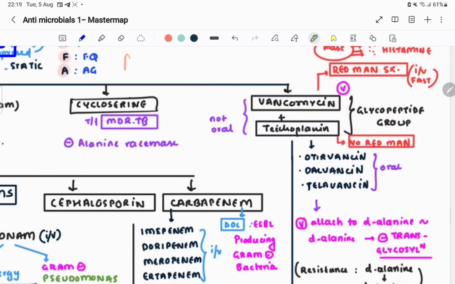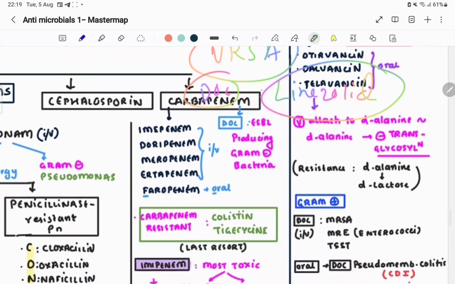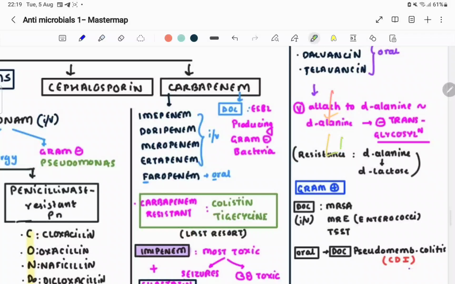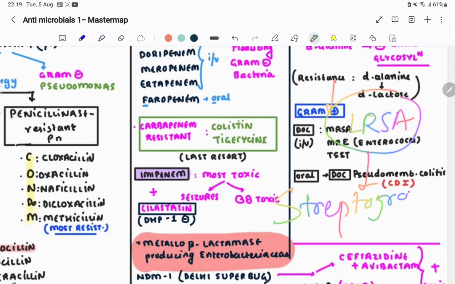So MRSA, remember, methicillin resistant Staph aureus, we give vancomycin. If it becomes vancomycin resistant, we call it VRSA, and the drug of choice for VRSA is linezolid. Then if it becomes linezolid resistant, we call it LRSA, and the drug of choice is streptogramin and drugs like daptomycin.